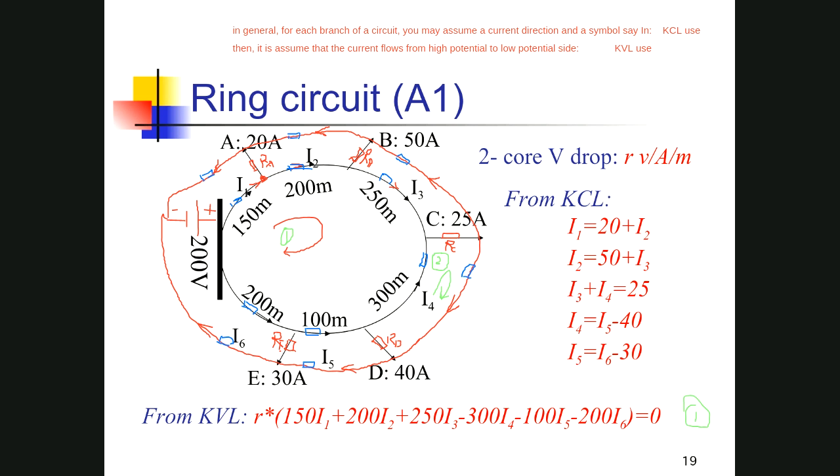If someone uses loop 2, then what happens?